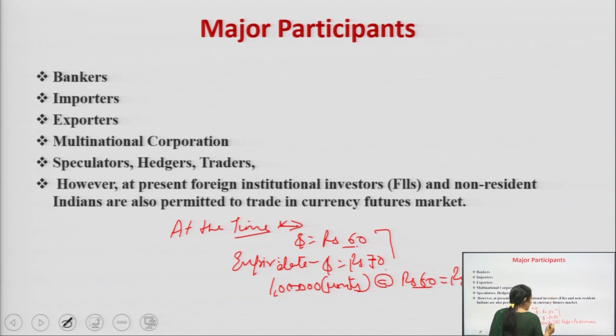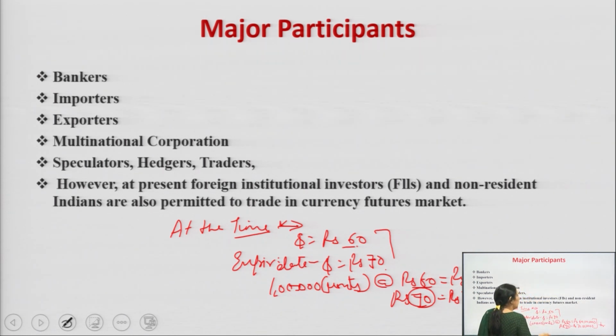At the time of expiry, having taken the long position, it is traded at rupees 70. It means 70 lakh. Now there is a profit of 10 lakh to the importer and he easily managed this situation.